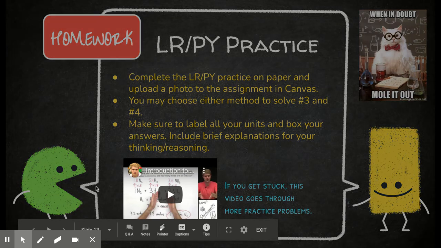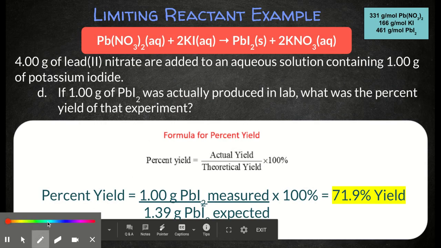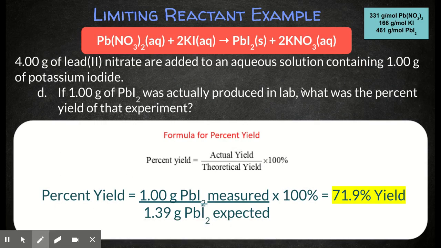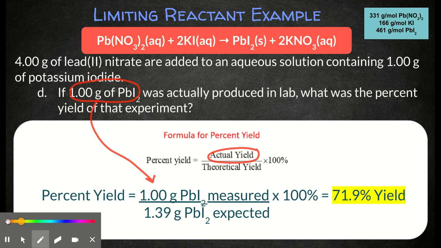And so my actual yield is what I'm given in this problem here. I'm given information that I made 1 gram of PbI2 in that lab. And so that's what goes on top. And then my theoretical yield is what I calculated, okay?